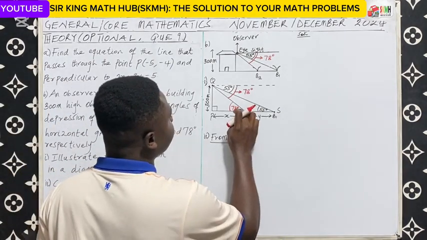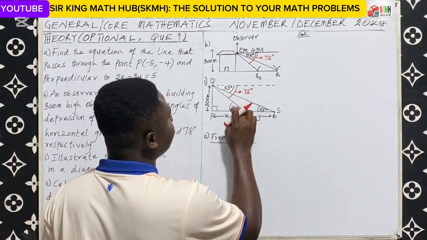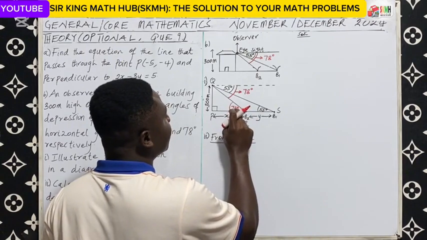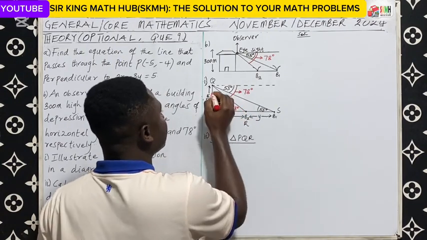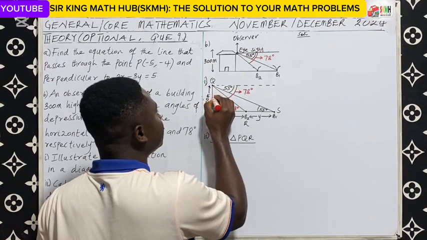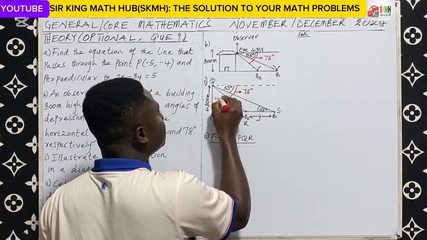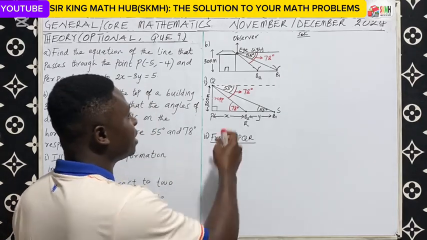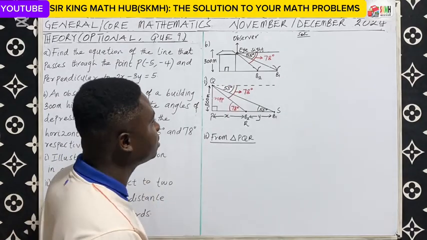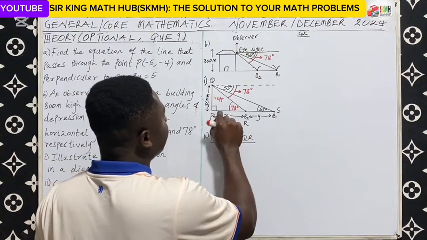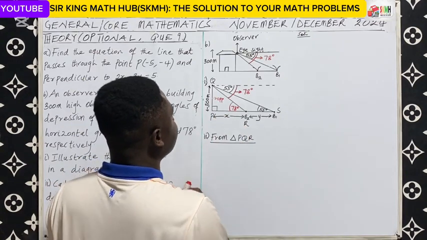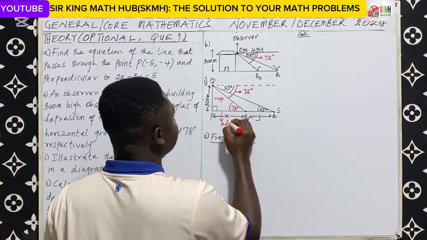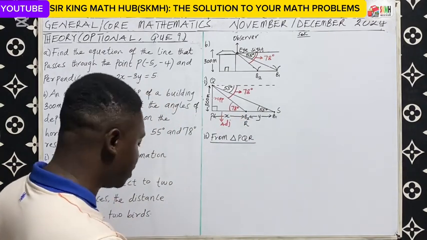There is the acute angle, and we know that in the right angle triangle, the side facing the acute angle, in this case 78, you are looking at this side, represents the opposite. Don't forget that. And then the longest side is the hypotenuse. And then the other side becomes the adjacent. So this side is the adjacent. Let's recall from SOHCAHTOA.